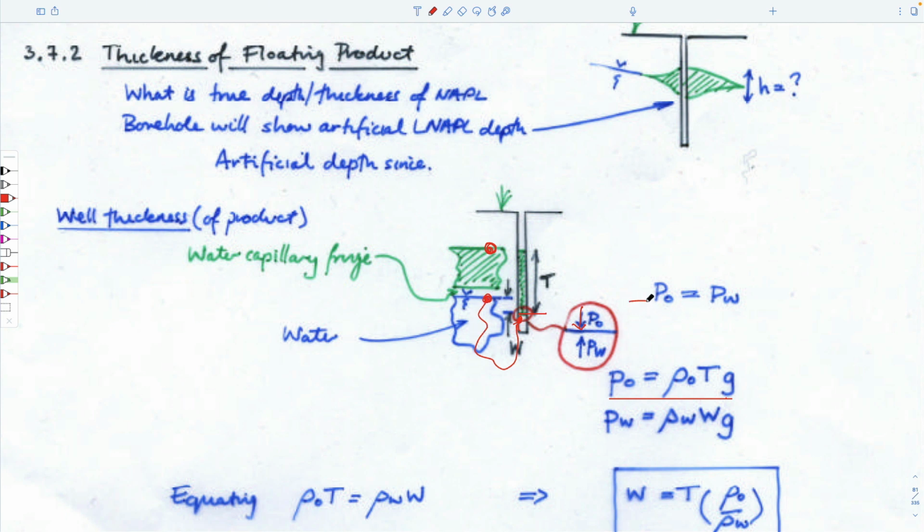And so if we wanted to figure out the water at the base of it, it's going to be equal to this pressure here, which is going to be equal to pressure is equal to the weight of water multiplied by the depth times G, or the weight of water multiplied by this.